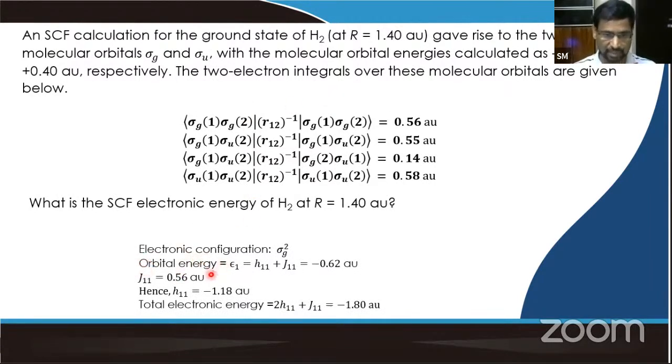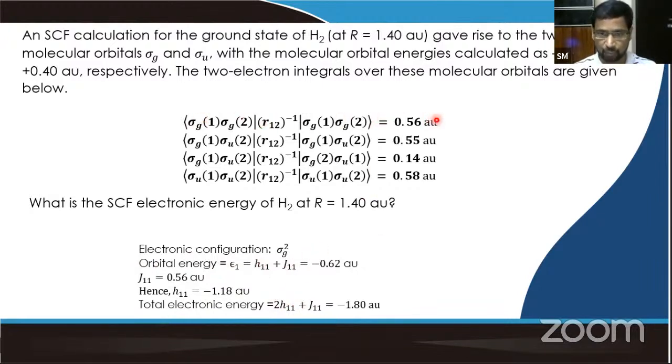For example, the orbital energy, call it epsilon 1, of course has this relation, we derived this, that is the core energy H11 plus the Coulomb energy J11, whereas the total electronic energy is twice H11 plus J11. So you see, if you simply multiply this orbital energy by 2, you would overcount this J11.